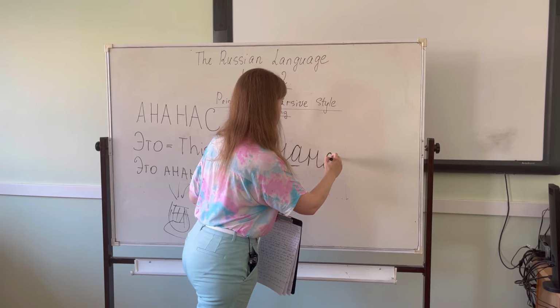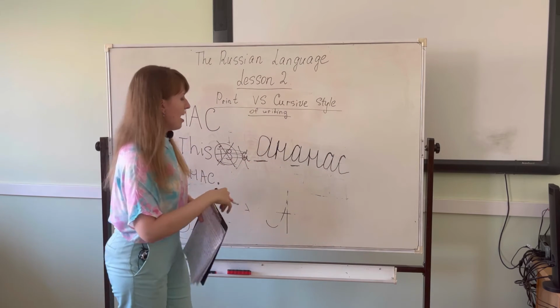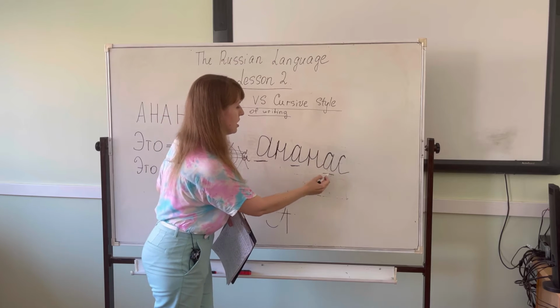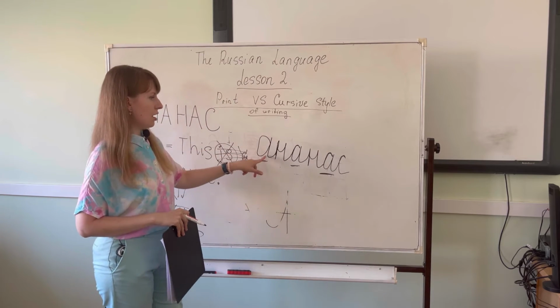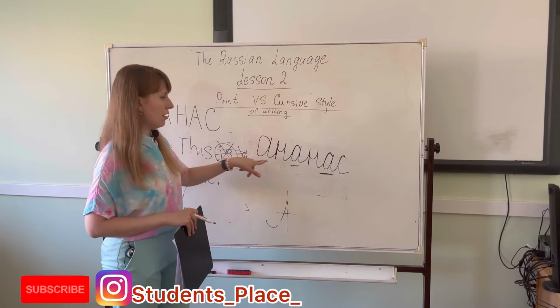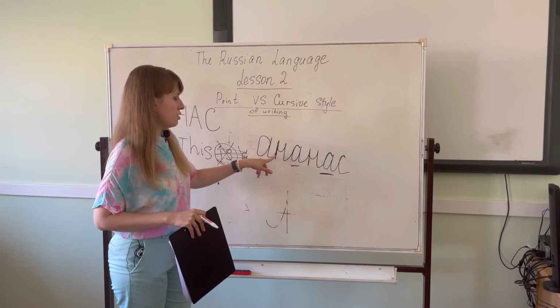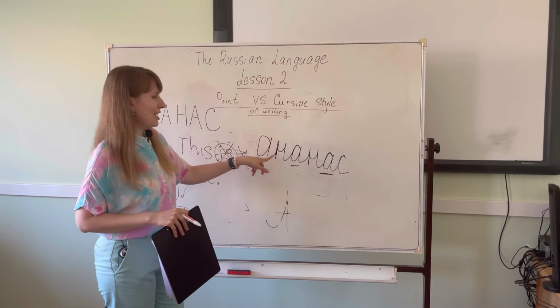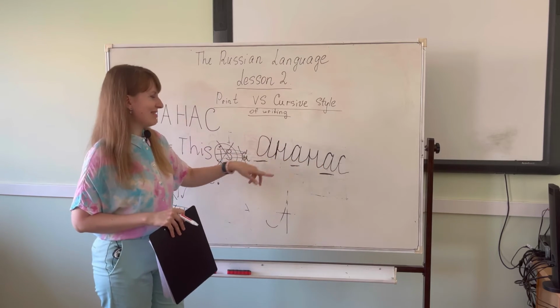Ananas. So you see how beautiful it looks. Here are 3 A's in this word, and the way it is connected to other letters. It's very easy, you just need to put a hand to the letter next to it, right?